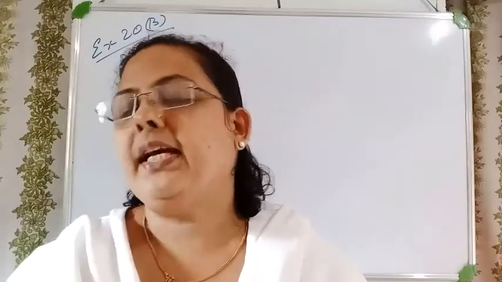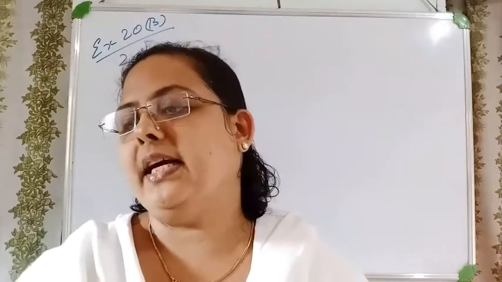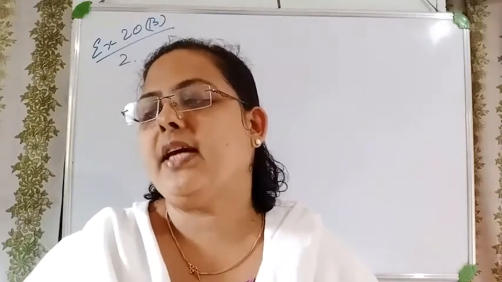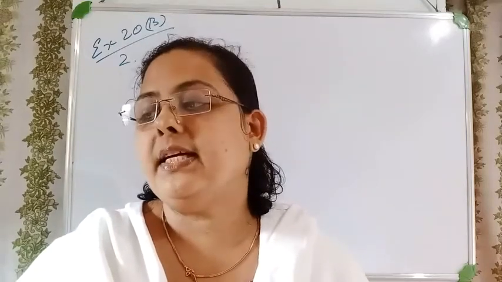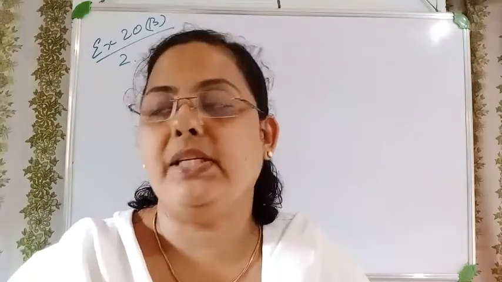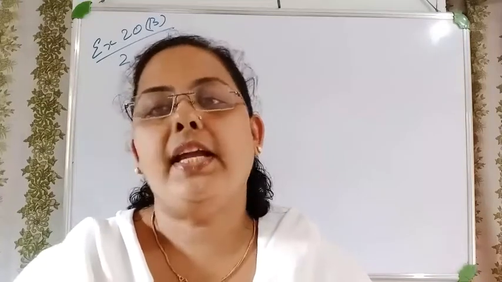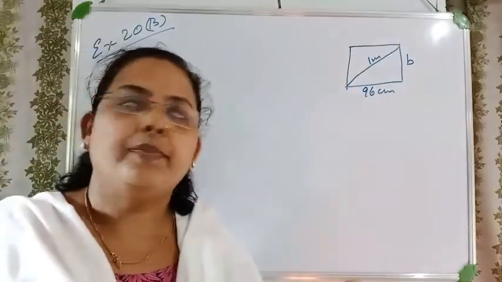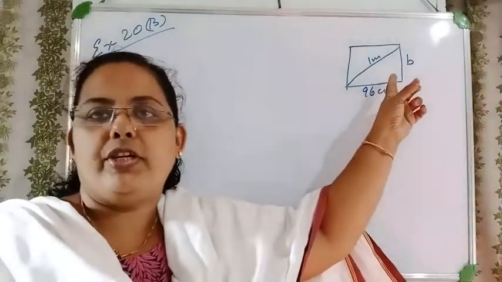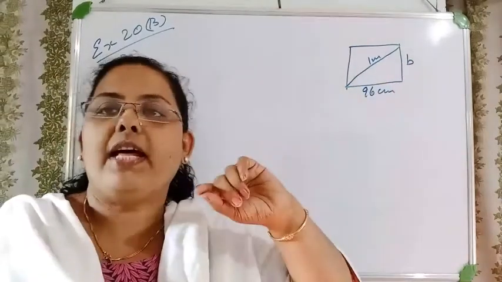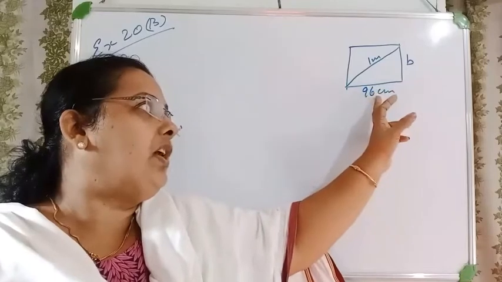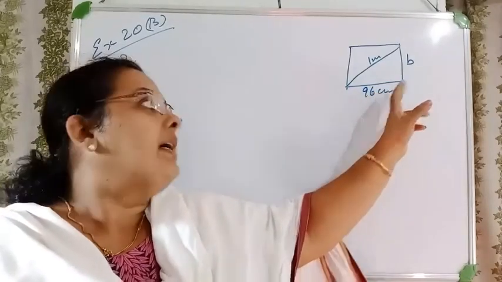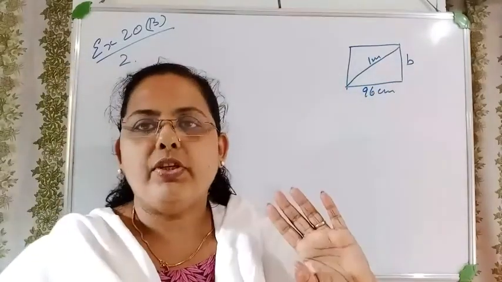And here we will go for the second question. The diagonal of a rectangular board is 1 meter and its length is 96 centimeters. Find the area of the board. See here, I have drawn the picture of a board. The board has a length of 96 centimeters and the breadth is not given to us.